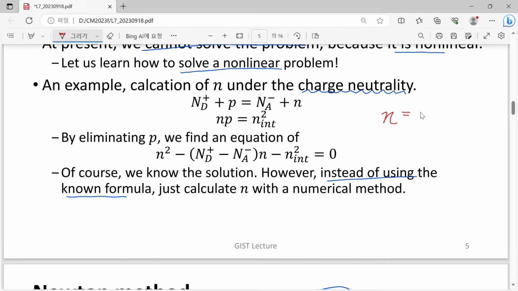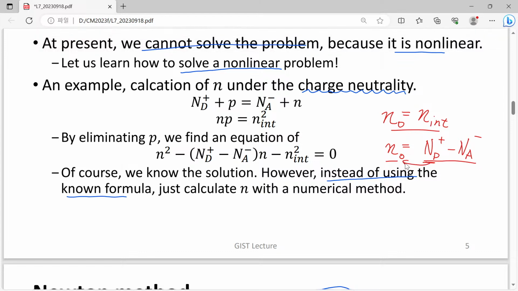So one possibility is intrinsic carrier density, but that will be quite a poor approximation. If you are educated, then you will find that this one is a really good starting point for your n naught, because you know donor density more or less corresponds to the electron density, the net donor density. That's the reason why you will find that this is much better.